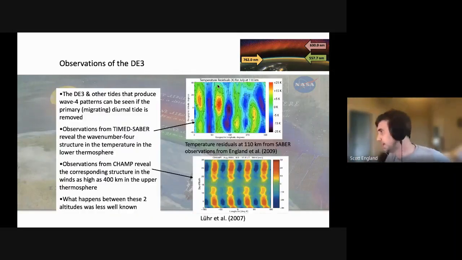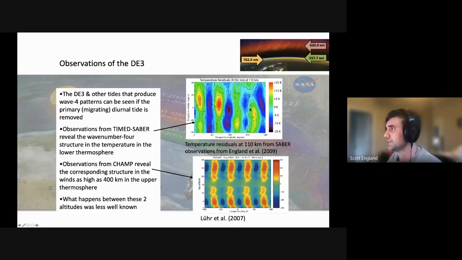And we'd been able to go measure these as they kind of get up into the upper atmosphere. So the top plot here was showing some of the wave 4 pattern we were seeing in SABER data at about where it runs out around 110 kilometers or so, where we get temperatures up to.